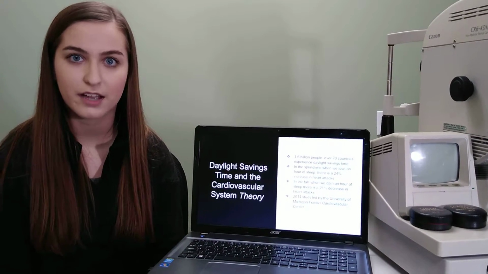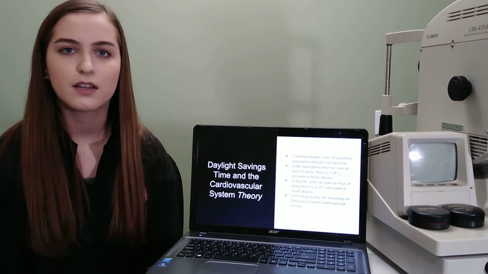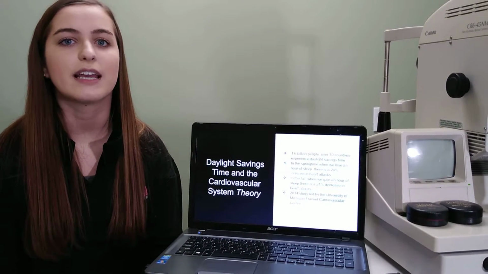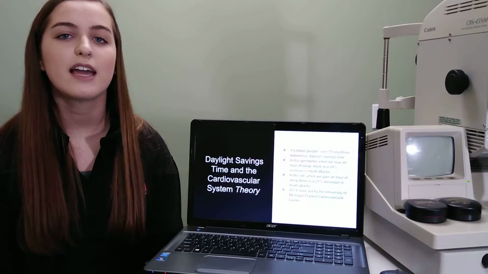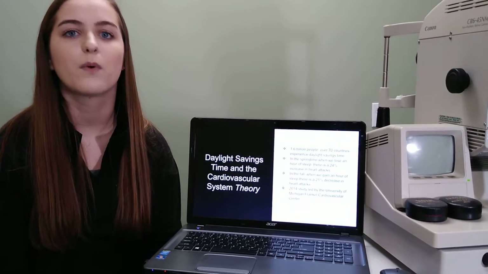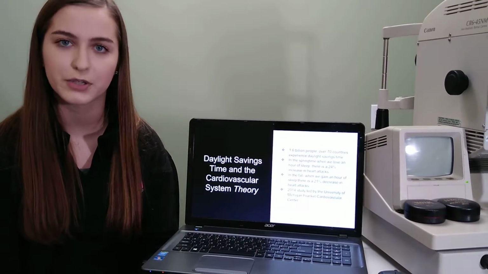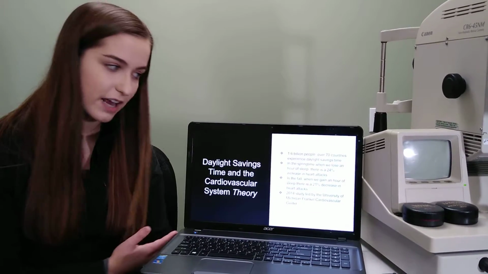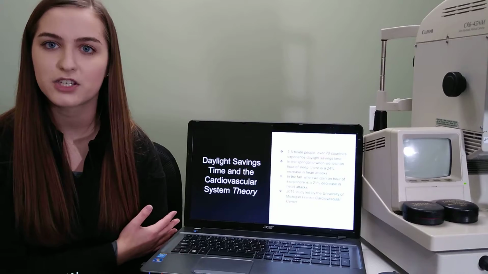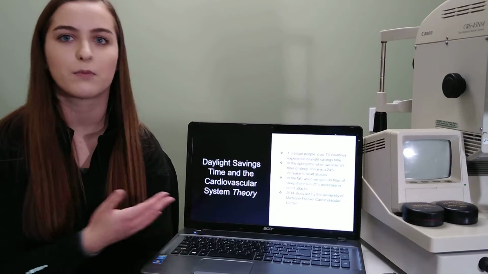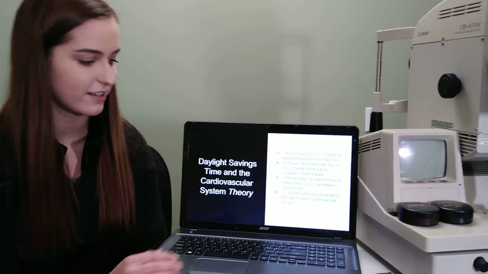So in the spring, when we lost an hour of sleep, they found an average of a 24% increase in heart attacks. Then they compared that to in the fall, when we gained an hour of sleep, that Monday after, they saw a 21% decrease in heart attacks. Again, this could have many other factors relating to it, but since they tracked it for a couple of years, they think that there has to be some relation to the sleep deprivation. That's cool.